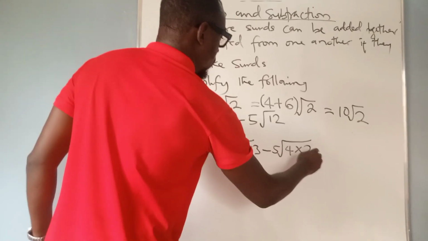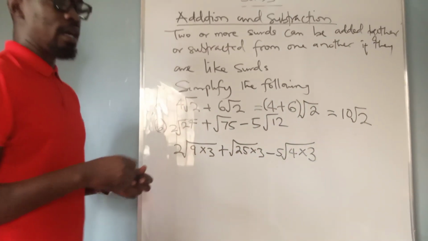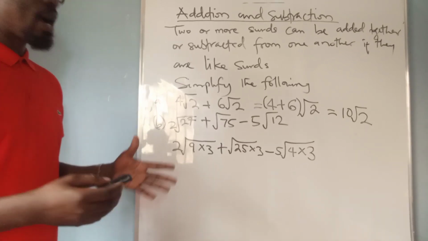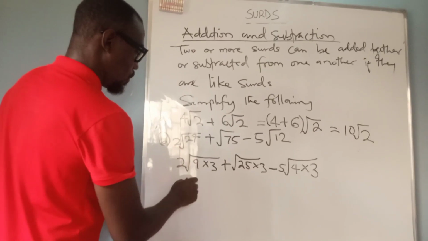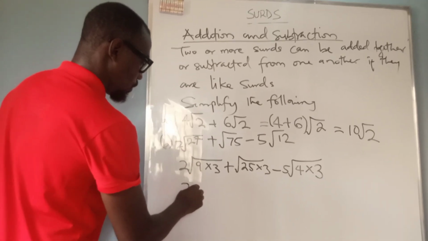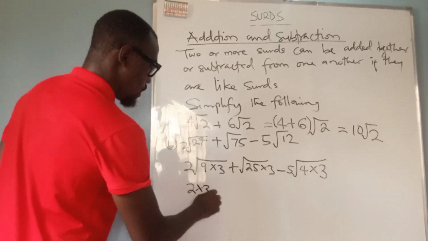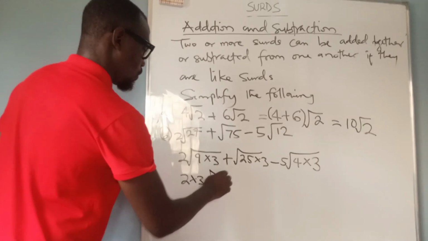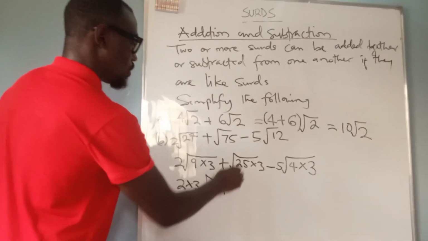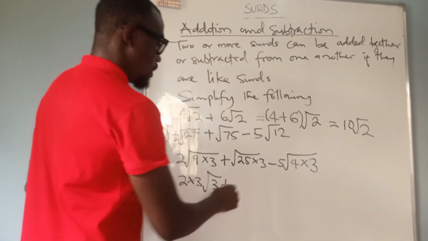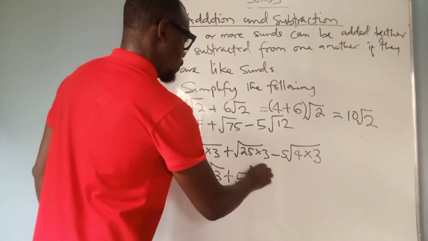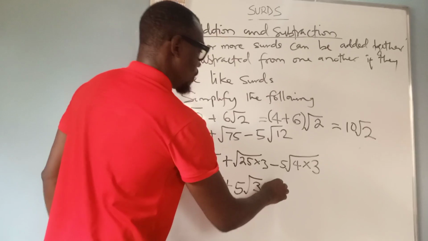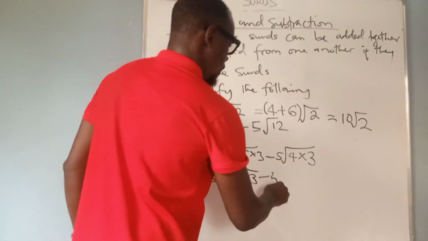Don't forget, we are looking for surds that are the same so that we can add them together. So the square root of 9 is what? 3. So it's going to be 2 times 3 square root 3, plus the square root of 25 is 5. It's going to be 5 root 3, minus 5.